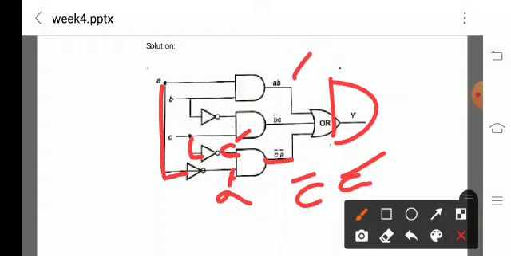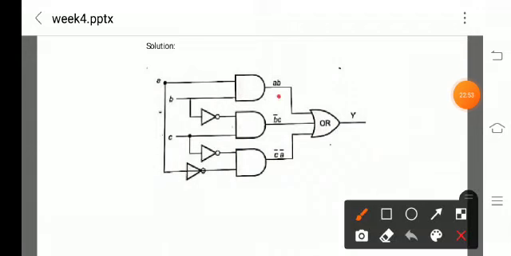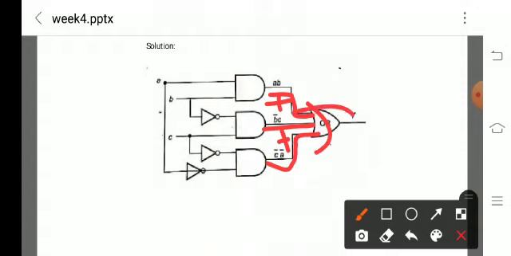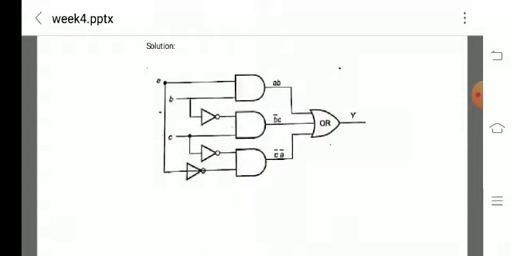Now AB is okay, B dash C is ready, C dash A is ready. Finally, we have to add these three things. For adding, which gate is used? OR gate. So I take AB, B dash C, and C dash A inside the OR gate, then it becomes the result.